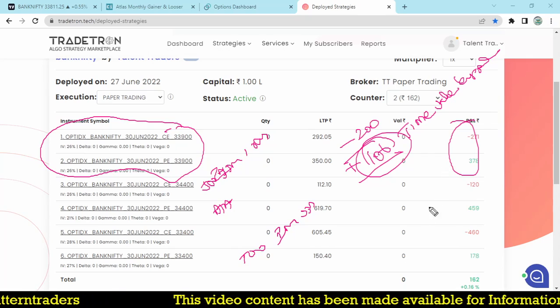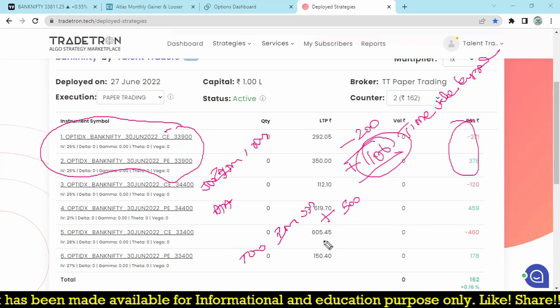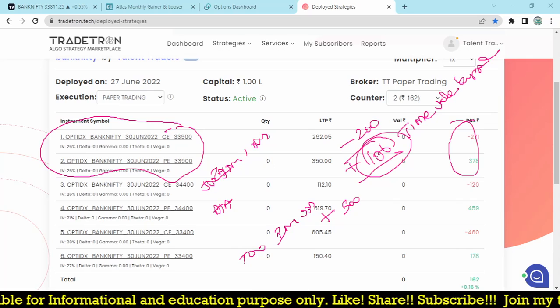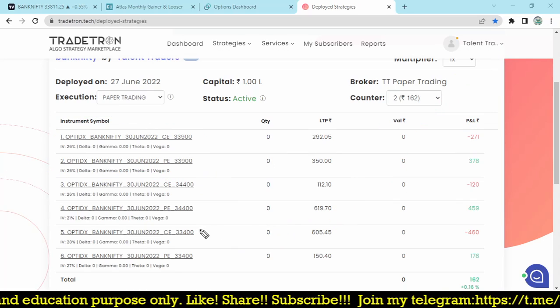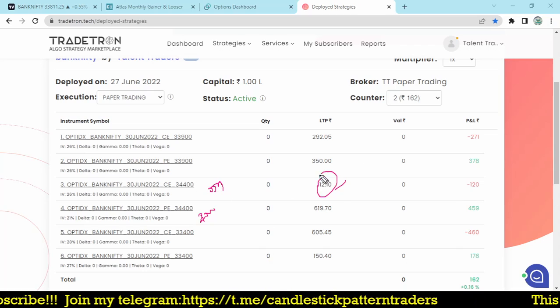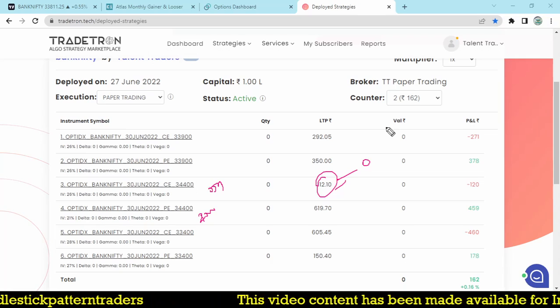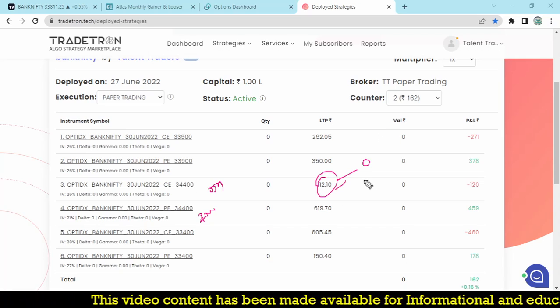If I talk about the 500 point ITM and also OTM, this 112 rupees is 100% time value. This is trading at 112 rupees.